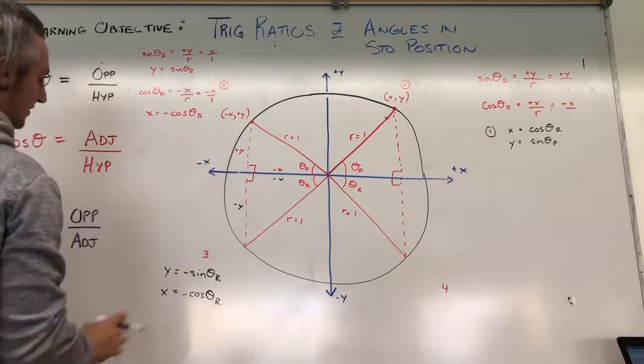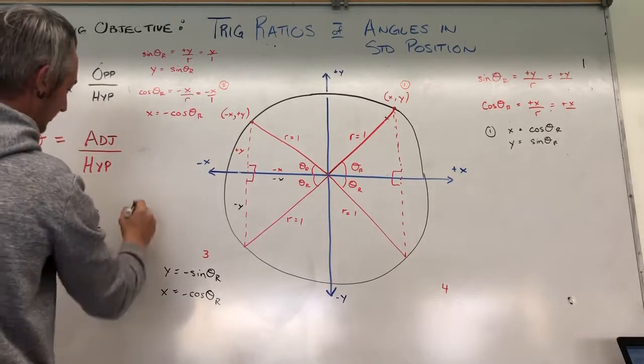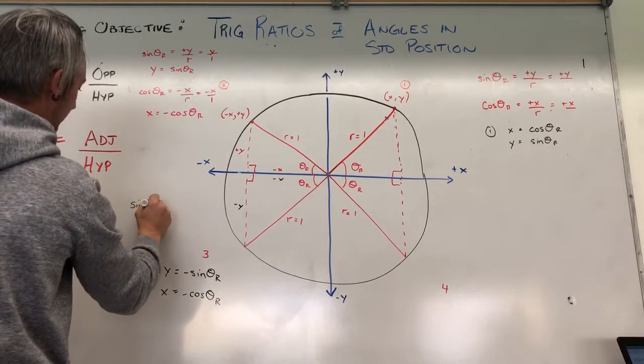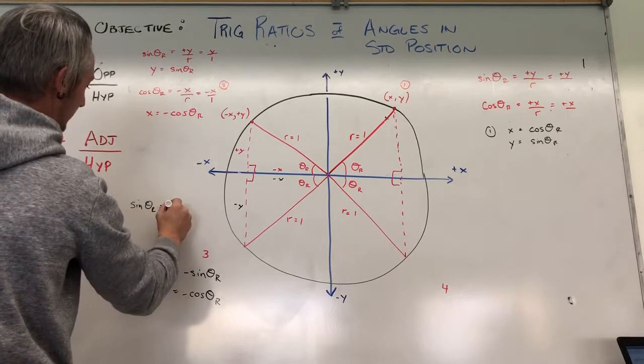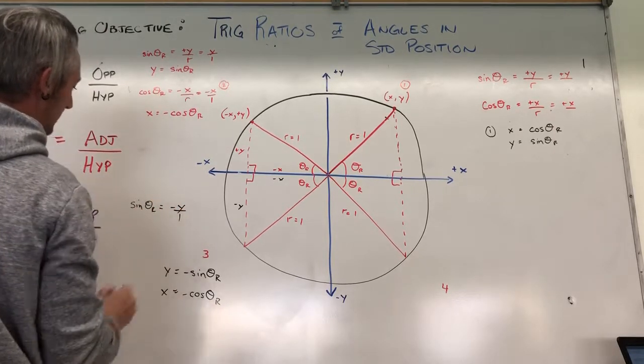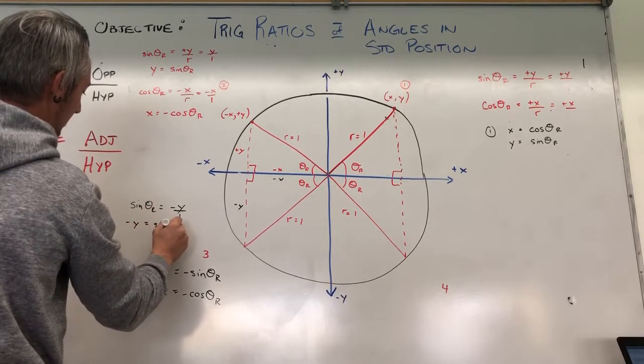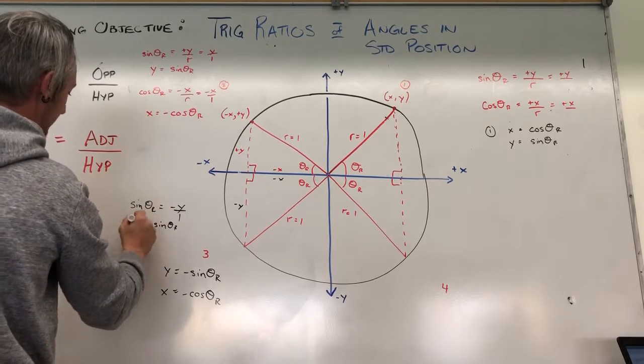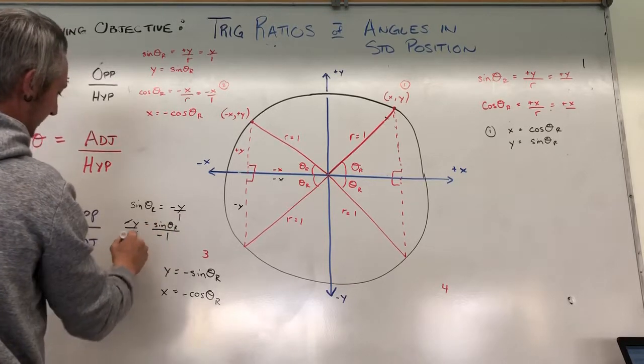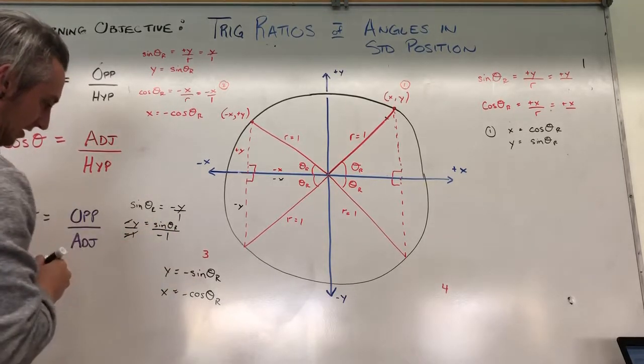How do we get the negative? If I have sine of theta r equal to negative y over 1, I get negative y is equal to sine theta r, and then I divide by negative 1, which gives me y is equal to negative sine theta r.